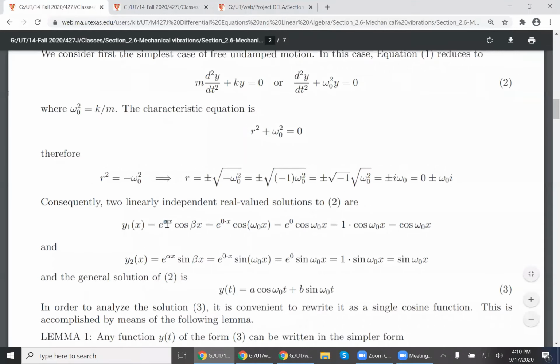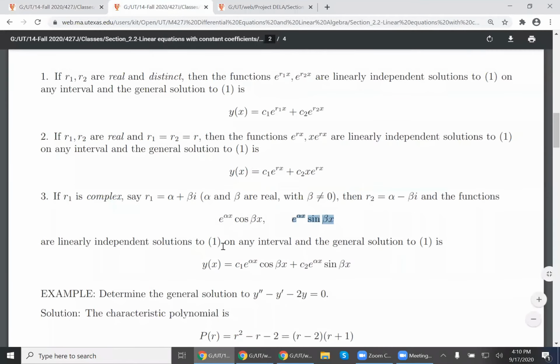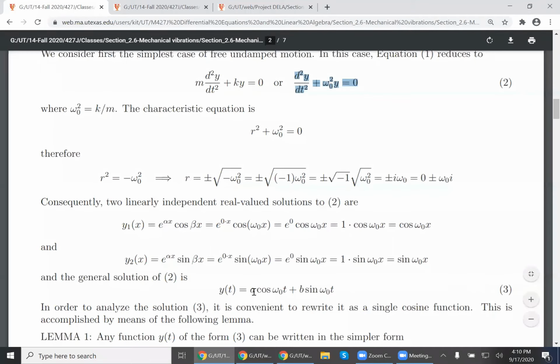We replace alpha by 0, beta by omega, and after all simplifications, here are two linearly independent particular solutions. Therefore, this is the general solution of our equation. By the way, instead of C1 and C2, we use letters A and B.